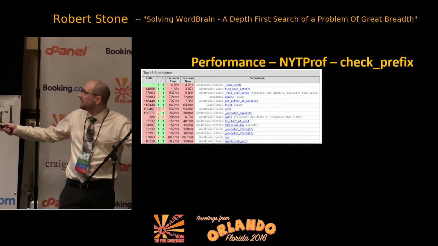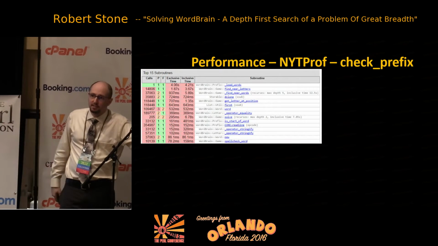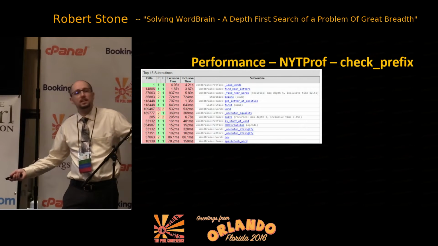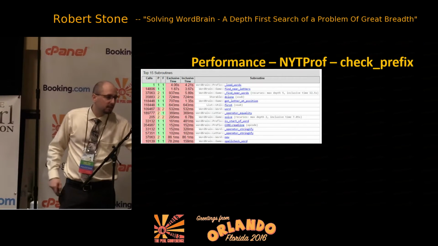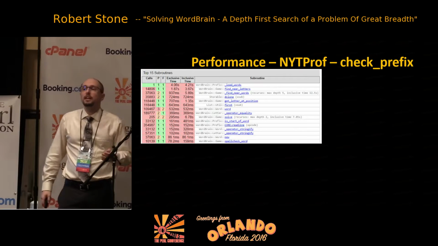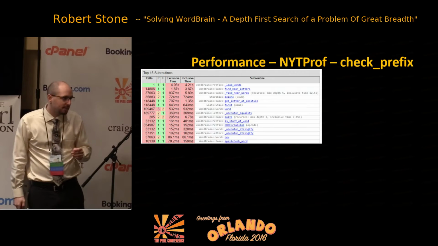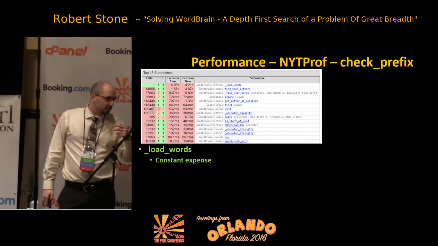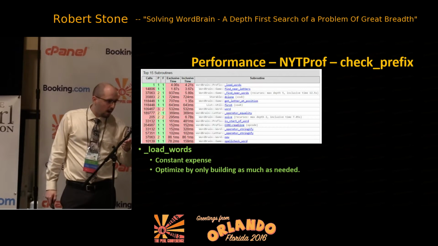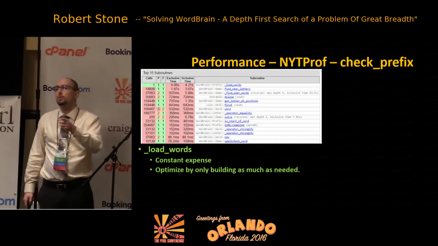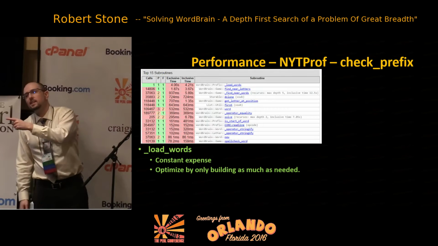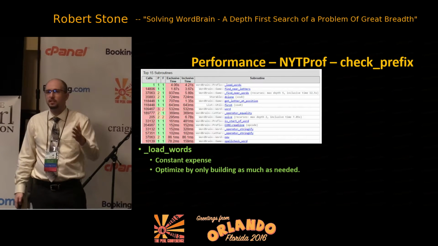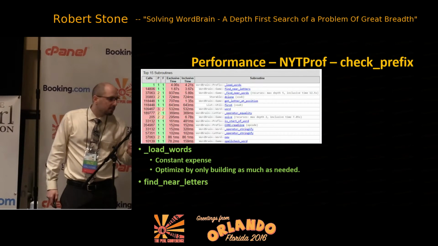And I can see that load words was my most expensive in this specific case, because it was still small enough. And then find near letters takes up the rear, as we expect. Load words is constant, optimized by only building as much as needed. That's where I was talking about 1 to n, because if I don't need the extra letters, don't construct them in the prefix.